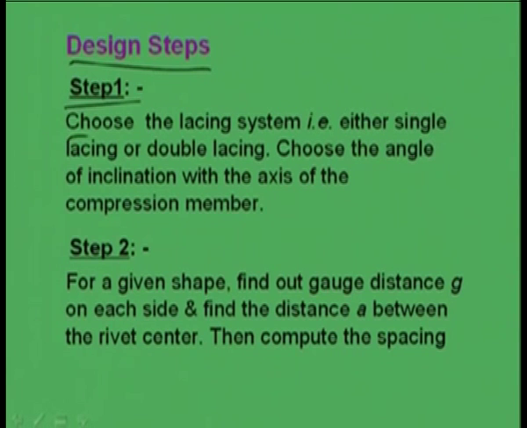choose the lacing system, that means either single lacing or double lacing. First what will we do? We will first decide whether it is single lacing or double lacing. In fact, before that we will choose whether we will go for lacing system or battening system, that will come later, means when we should go for battening system, when we should go for lacing system.